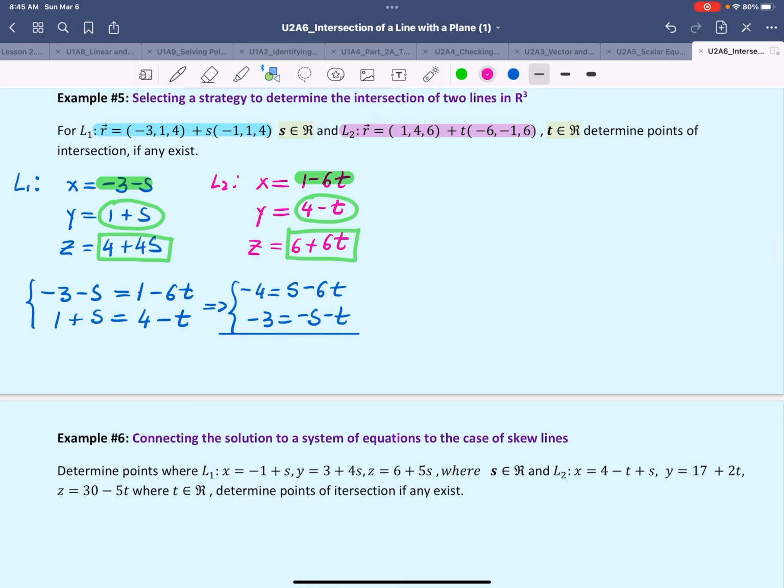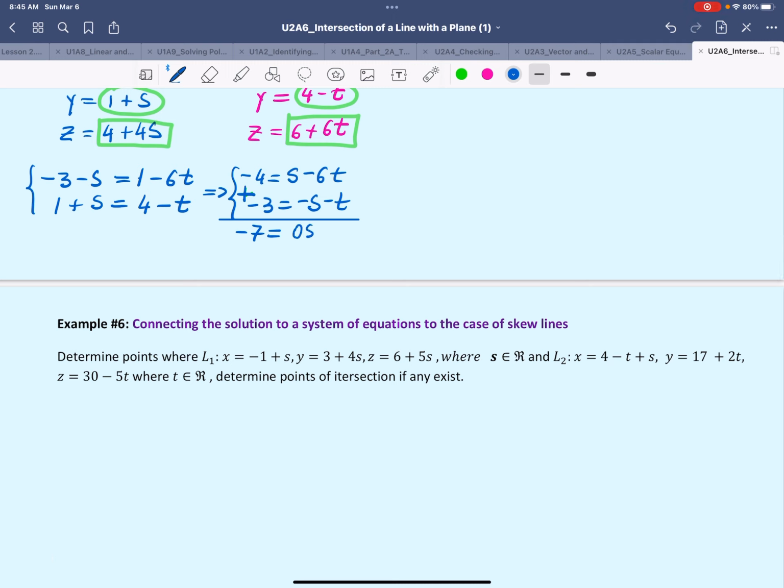And by adding the two equations, we can eliminate the variable s. So 4 plus -3 is -7. S plus -s is 0s. And -6t minus 1t, -7t. So t value must be 1.